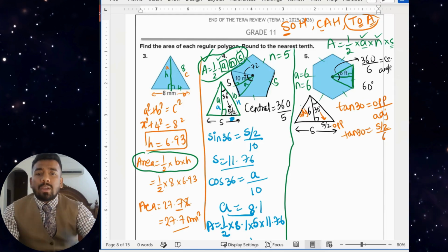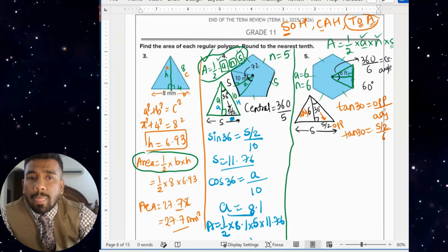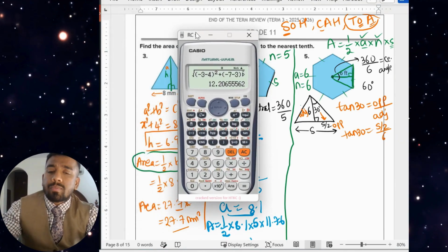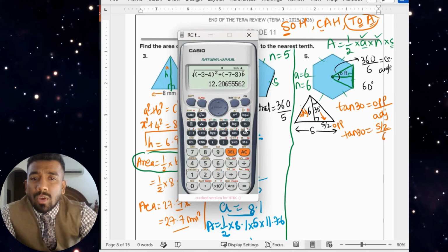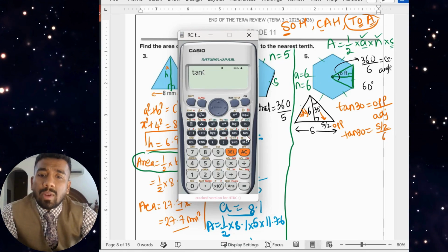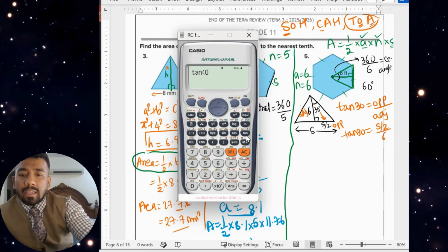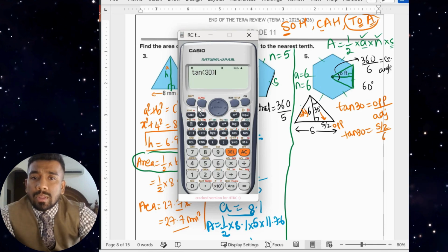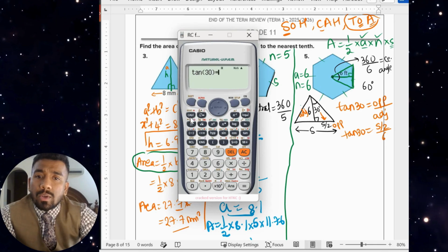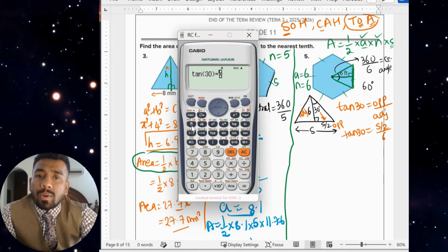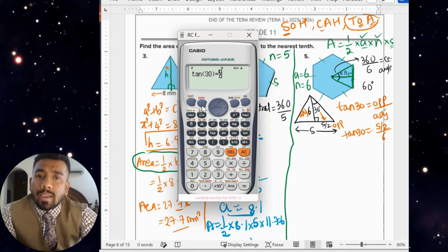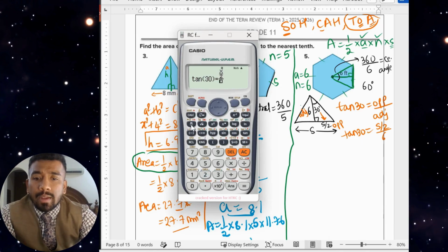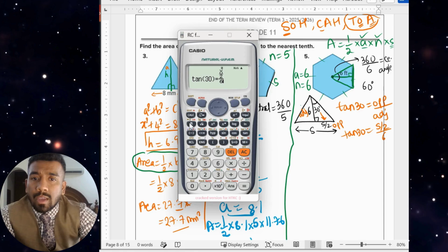Straight away put it in the calculator, do shift solve. That's our favorite thing to do. As you have a calculator, this is a faster way to do it. Tan 30 equals X over 2, and down you have 6.